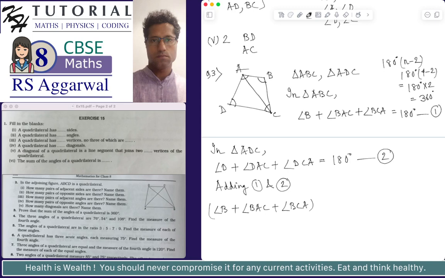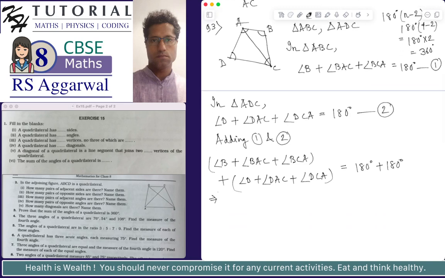We add to this the LHS of equation 2, angle D plus angle DAC plus angle DCA, equal to the RHS of 1 and 2, that is 180 degrees plus 180 degrees. So we get this new equation.